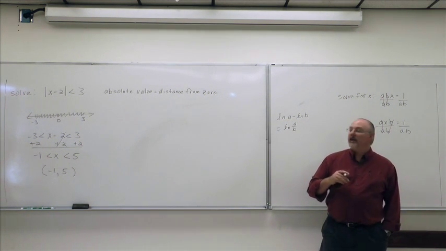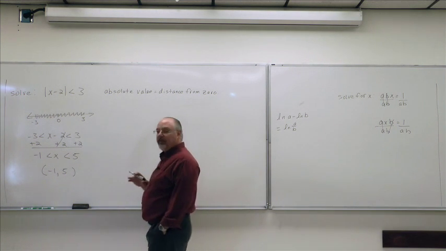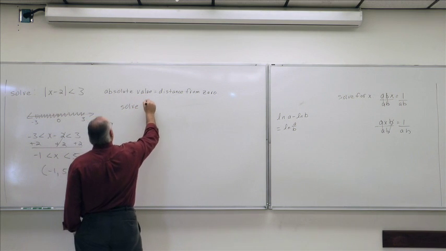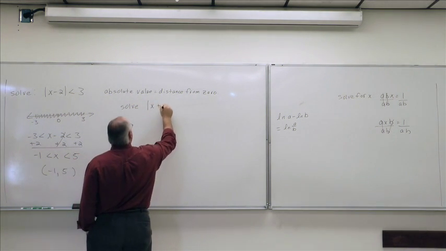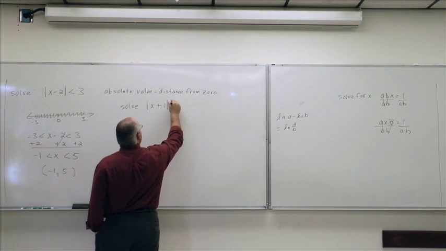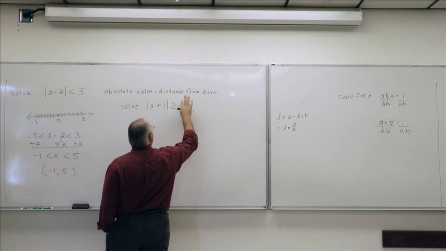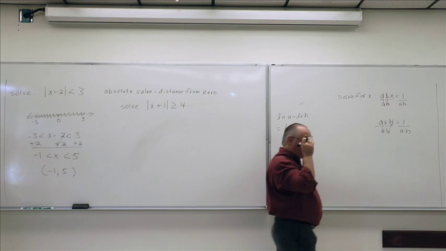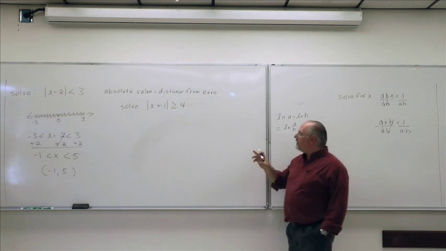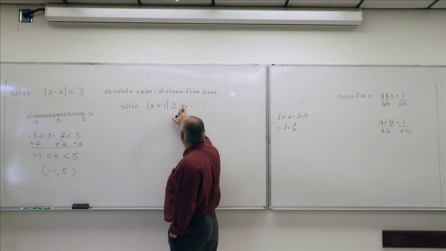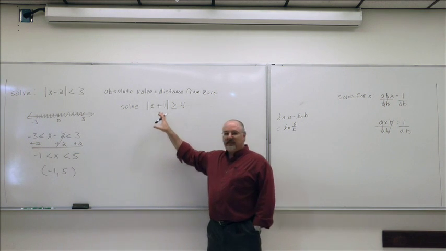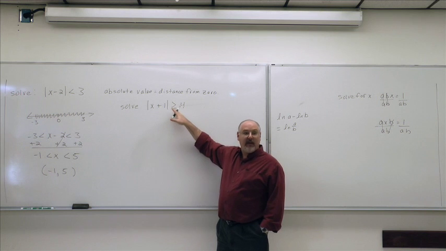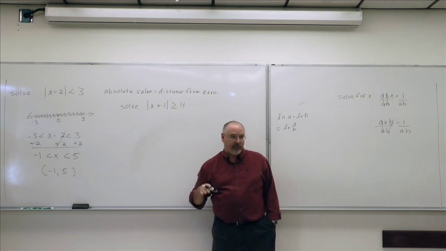Okay? Now, let's do a slightly different one. Let's say we want to solve the absolute value of x plus 1 is greater than or equal to 4. For this one, I have a different analogy. Your distance from 0 is greater than or equal to a certain amount.